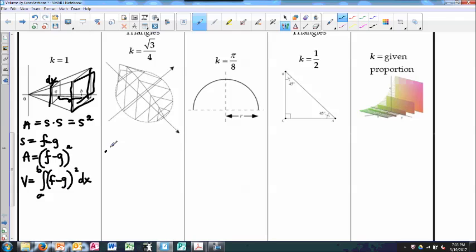An equilateral triangle, remember, is really two 30, 60, 90 triangles kind of together here. But that means if I have a side length and all these sides are equal, I can find the height by looking at just this one 30, 60, 90 triangle.